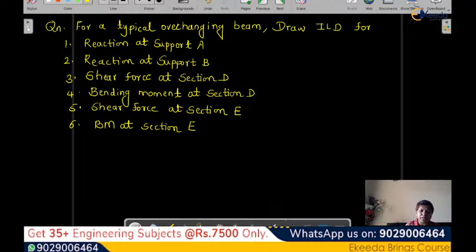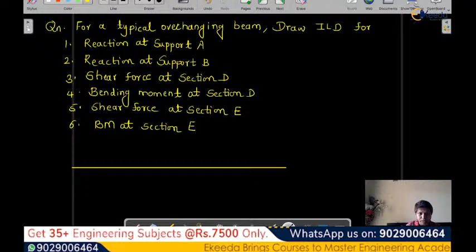Now what are these points? Let me just draw the beam, and we are going to need this diagram again and again for this influence line diagram. This is an overhang beam. So this is one support A, and there is one support B here. So we can show it by reaction.